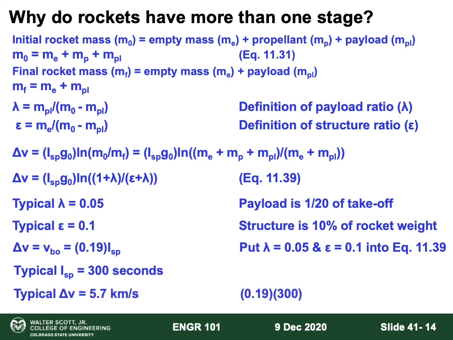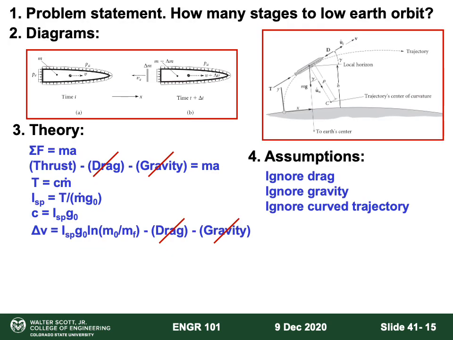We take the 300 times 0.19, and a one-stage rocket will only get us to 5.7 kilometers per second. When we get to 5.7 kilometers per second, we have to throw away a lot more weight, typically a whole bunch of the structure, which is why rockets are built with multiple stages.